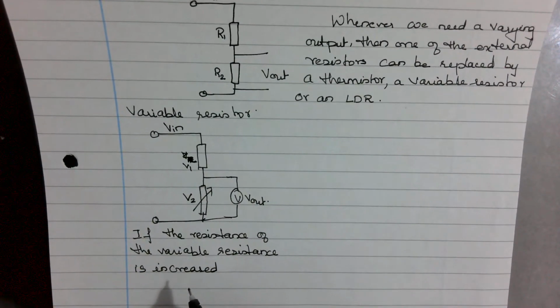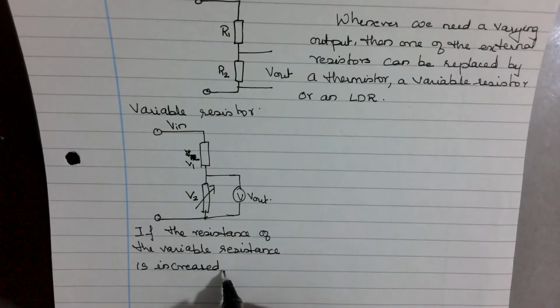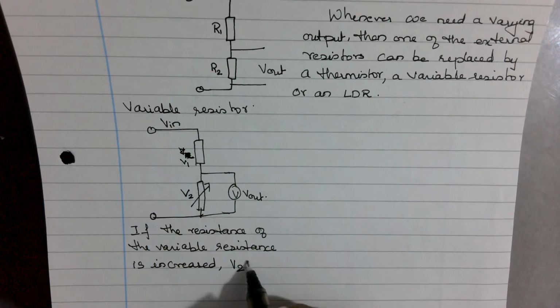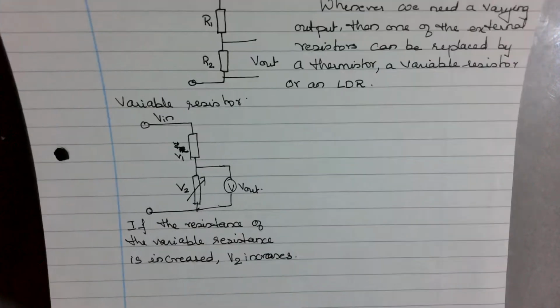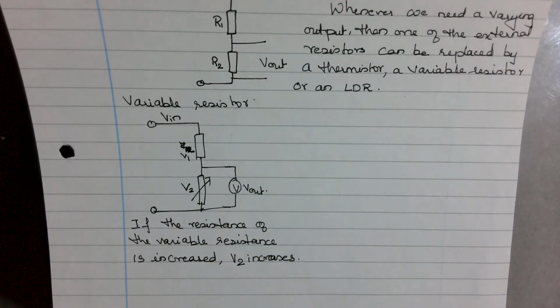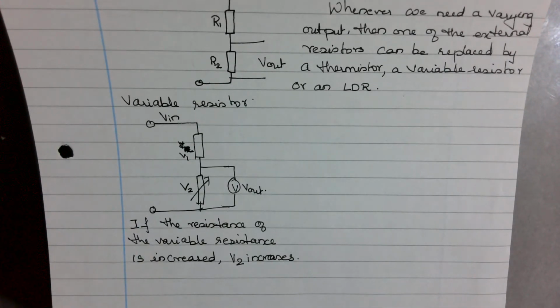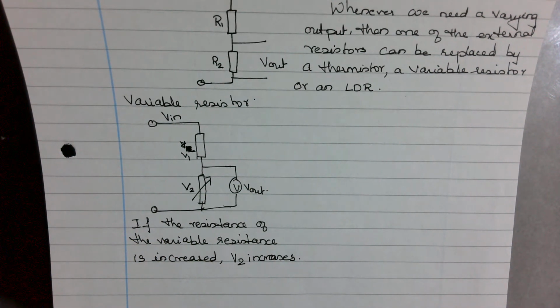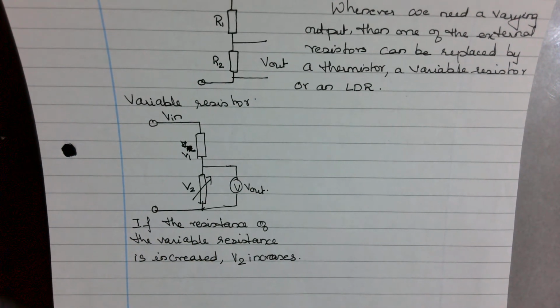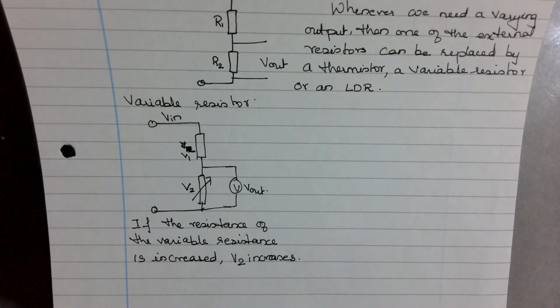The voltage across the variable resistor would increase. So V2 increases. If I want a low output at some point, all I need to do is keep the variable resistor at a minimum. I will have less voltage across it. If I keep the variable resistor at a maximum, then I will have more voltage out of it.